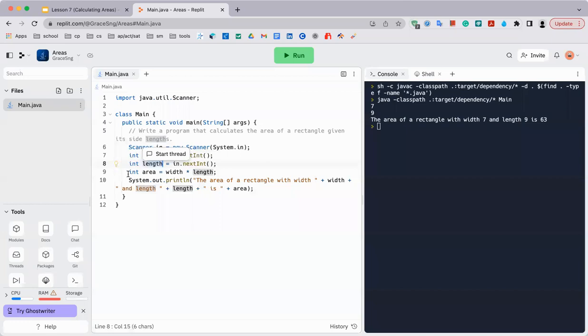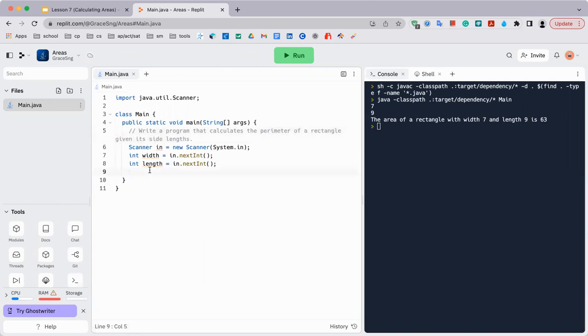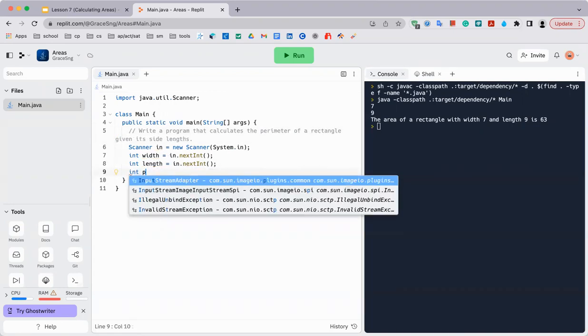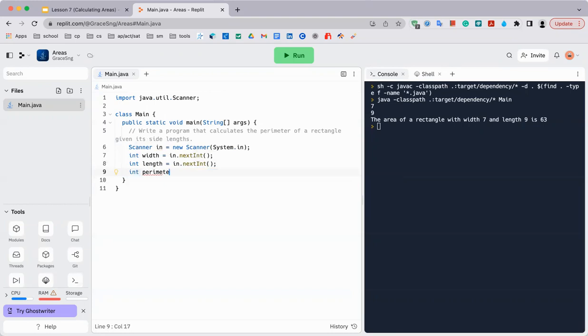Now, we don't want to be calculating area here. Instead, we want to calculate the perimeter, which is going to be an integer variable. And so this is going to be equal to something using the width and the length. So take a minute yourself to try and figure it out. And then let's review this.